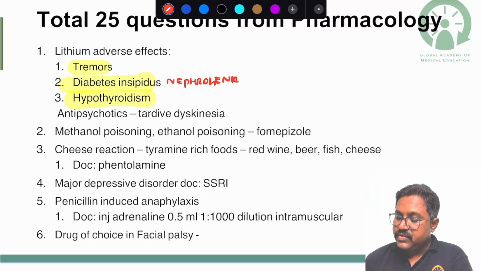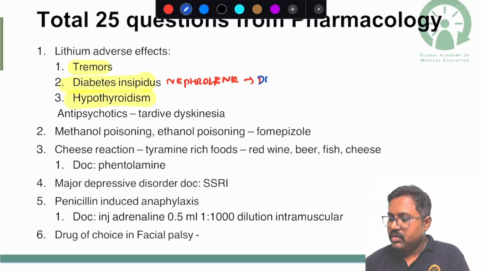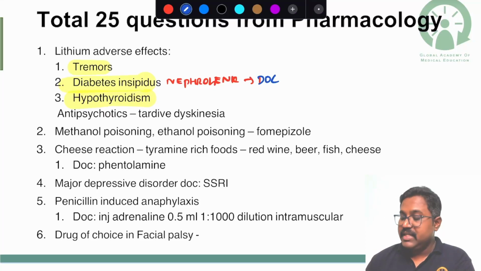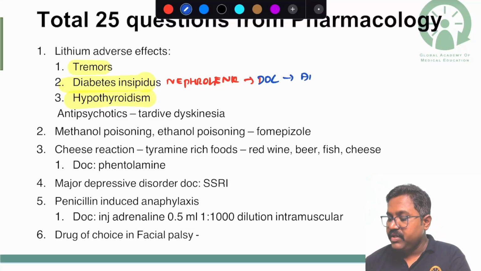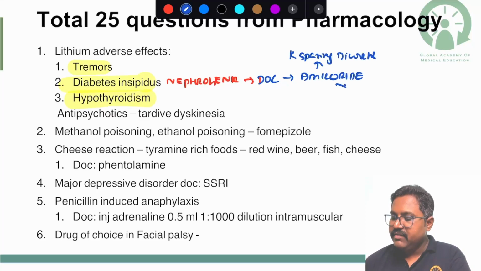So what is the drug of choice for lithium induced diabetes insipidus? Drug of choice will be amiloride. So what is amiloride? Amiloride is a potassium sparing diuretic. Basically it will block the renal epithelial sodium channels.